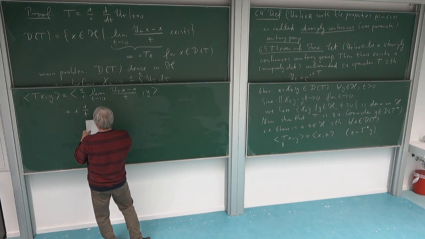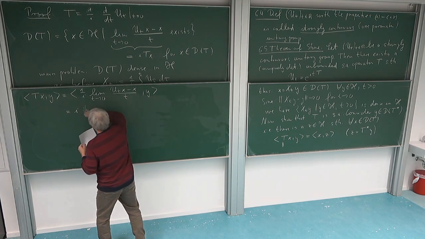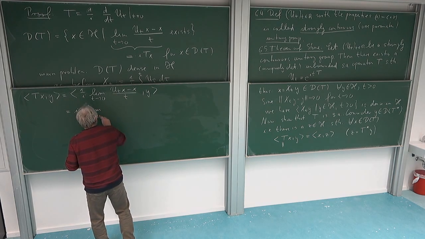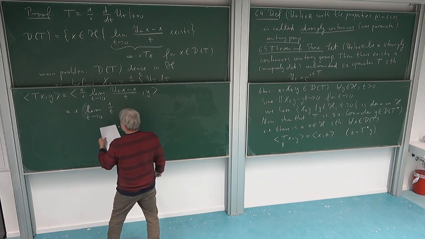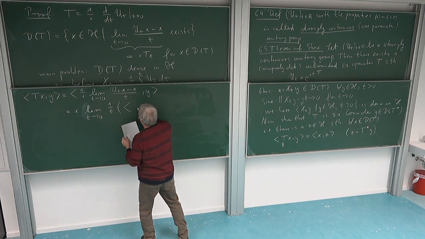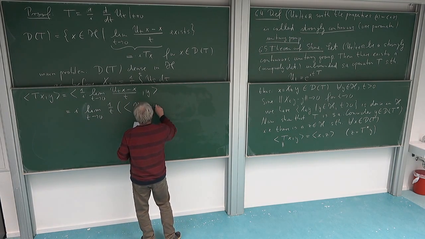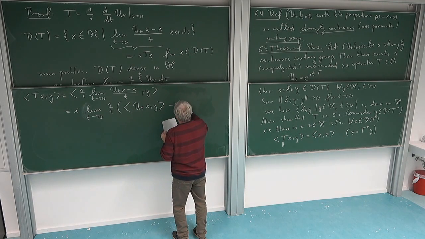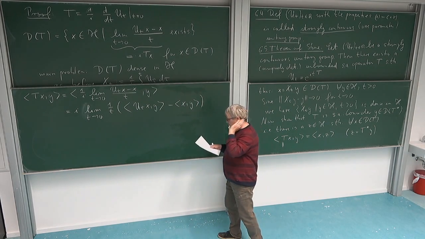Of course I have the limit, and the limit applies to t, so maybe I should write first the limit and then the t. Limit t goes to 0, 1 over t, and then I have here the inner product of u_t x with y, and I'm subtracting the inner product between x and y. So I just have written it out.